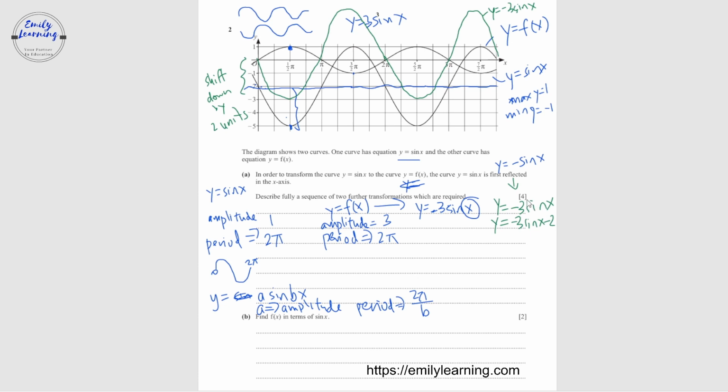Well, we first need to stretch y equals f(x) by a scale factor of 3 units parallel in the y direction.